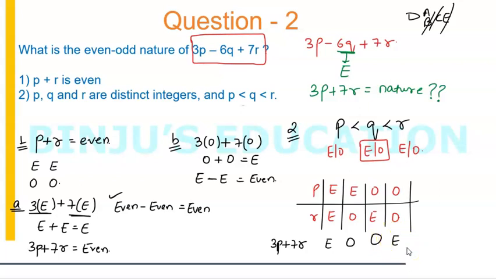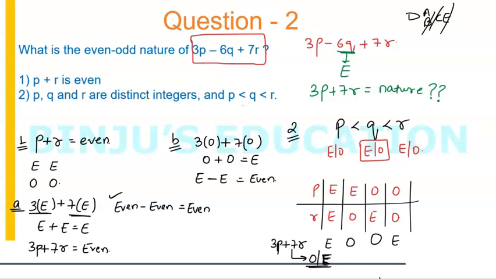So the nature of 3P plus 7R can be odd, and it can be even also. Do I have a specific nature for 3P plus 7R?